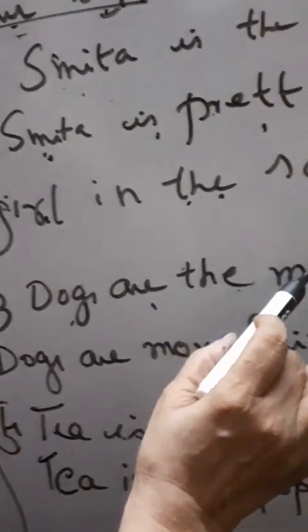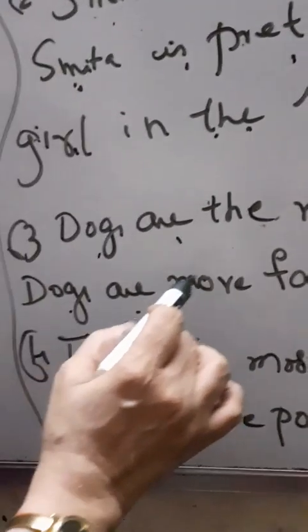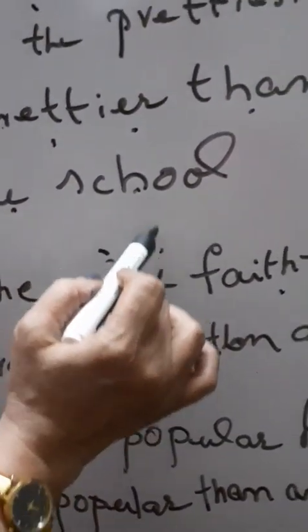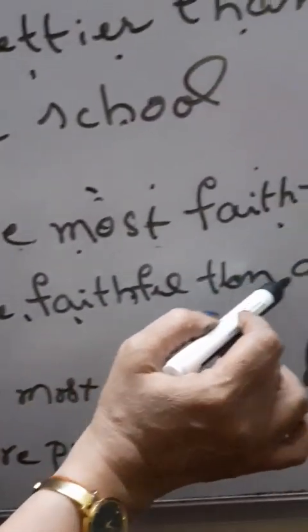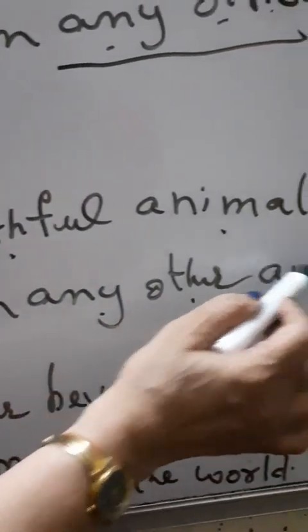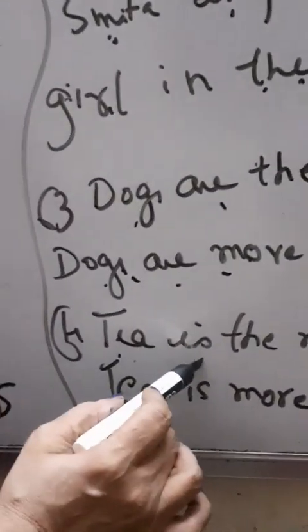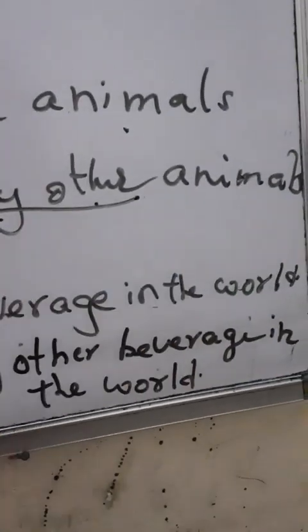Dogs are the most faithful animals. Most faithful. That is why dogs are more faithful than any other animals. Then you have to join this one. Tea is the most popular beverage in the world.